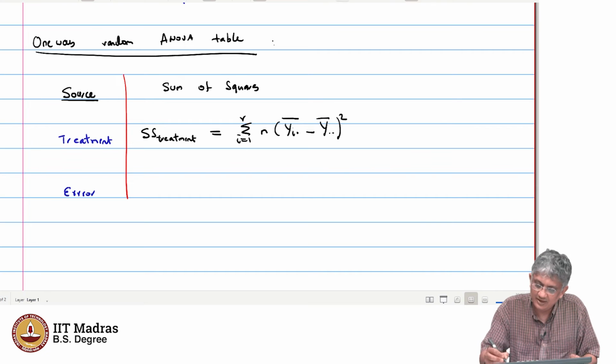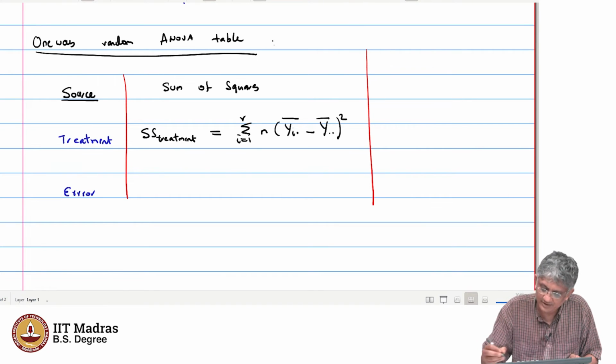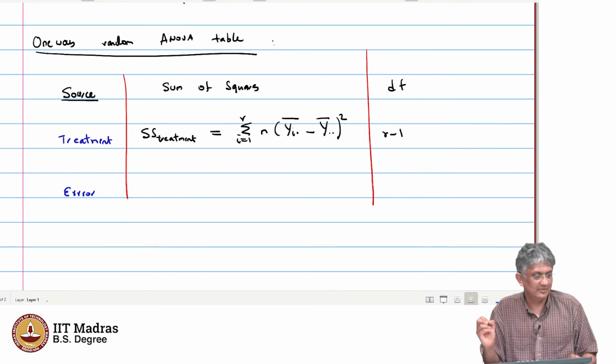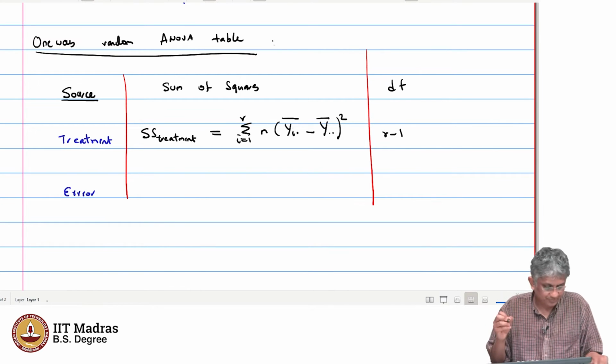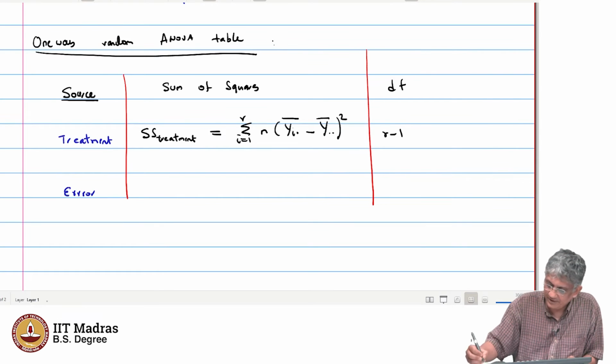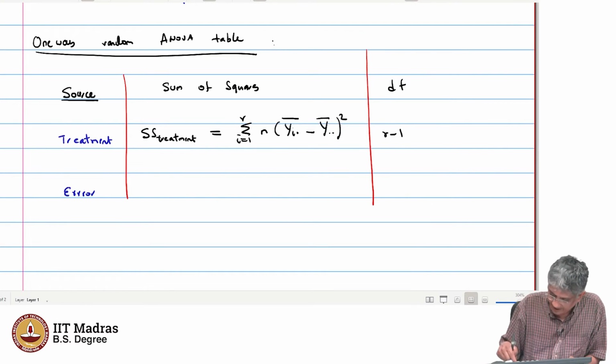Right, so again here I'll have the degrees of freedom. This we have already seen before. Just like in the other case, this is r minus 1 degrees of freedom. I won't write the fourth column because I have no space here, but I'll write below.